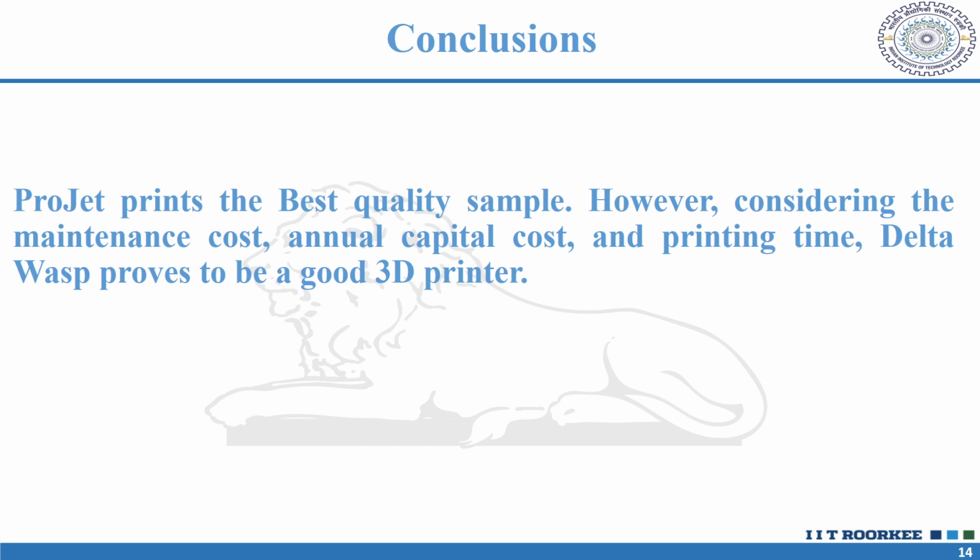And if we see the maintenance cost, annual cost and printing time, then we can say that Delta Wasp proves to be a good 3D printer. And also the optimal setting which comes out for our 3D printed samples is 50 micron resolution, 30 mm per second nozzle speed, 100% infill density.